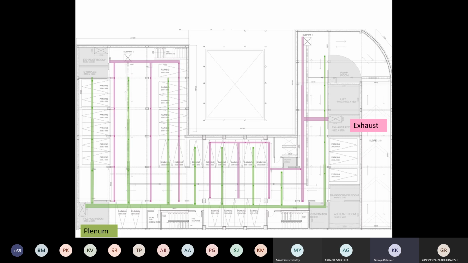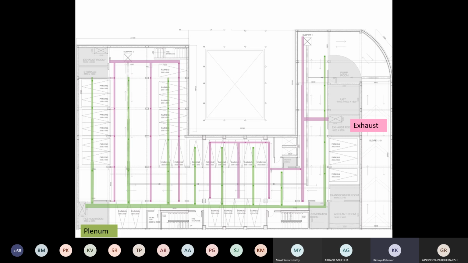Because the amount required at the farthest block is less, the size is also less, because the amount is only for one grid. But as you move towards the plenum room, you have to keep adding the amount of air that you provide, because each bay needs air.